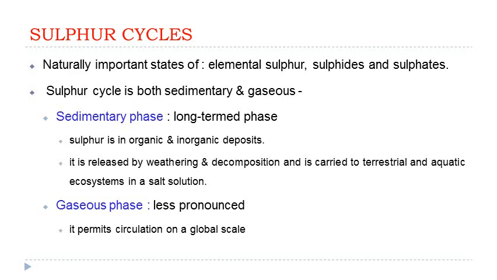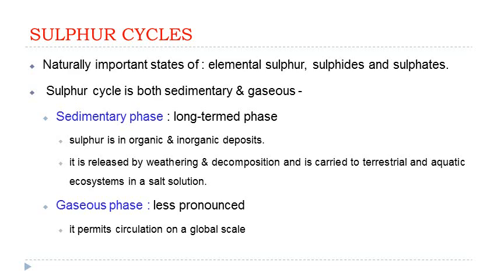It is released by the process of weathering and decomposition, and then it is carried to the terrestrial and aquatic ecosystem in solution form so that it can be used by the biotic world, the plants, etc. While the gaseous phase, even though it is less pronounced, has a very important role with respect to the circulation of sulfur at a global scale.